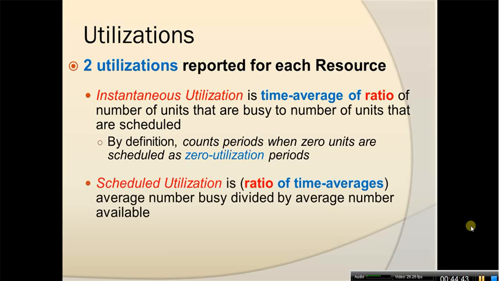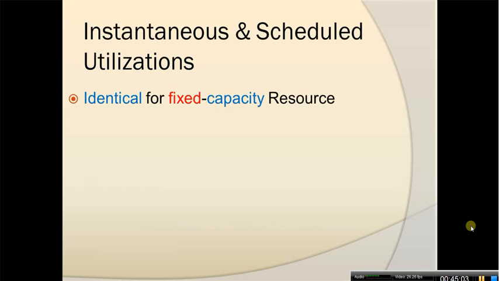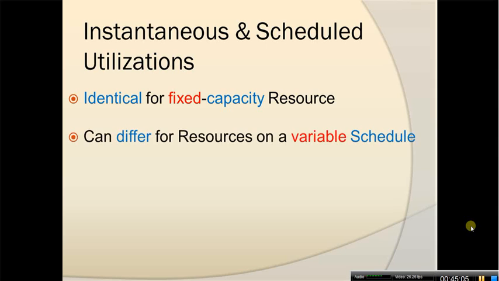But the scheduled utilization is the ratio of time averages. So it's an average number busy divided by average number available. And so there's no division by zero problem, assuming there were ever any units of resource scheduled at all. When you compare instantaneous and scheduled utilization, they're identical for fixed capacity resources.